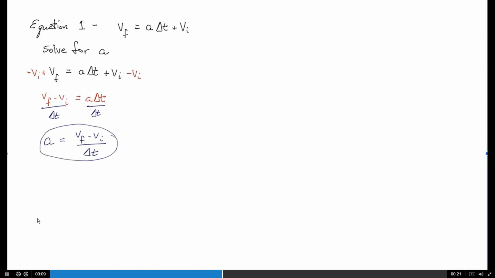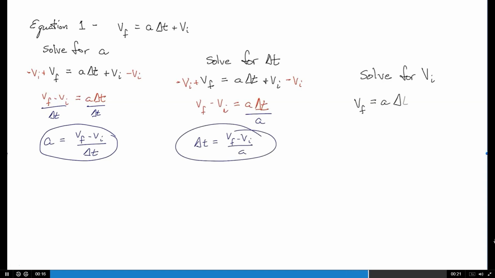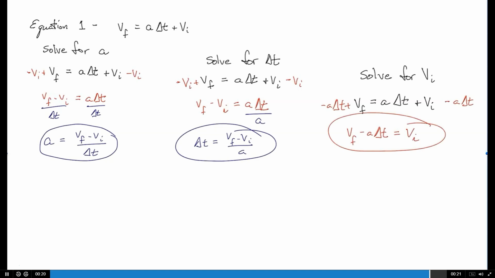Let's take a look at how we can rearrange equation 1 to find elapsed time and also initial velocity. Let's look at the different ways we can rearrange equation 2.